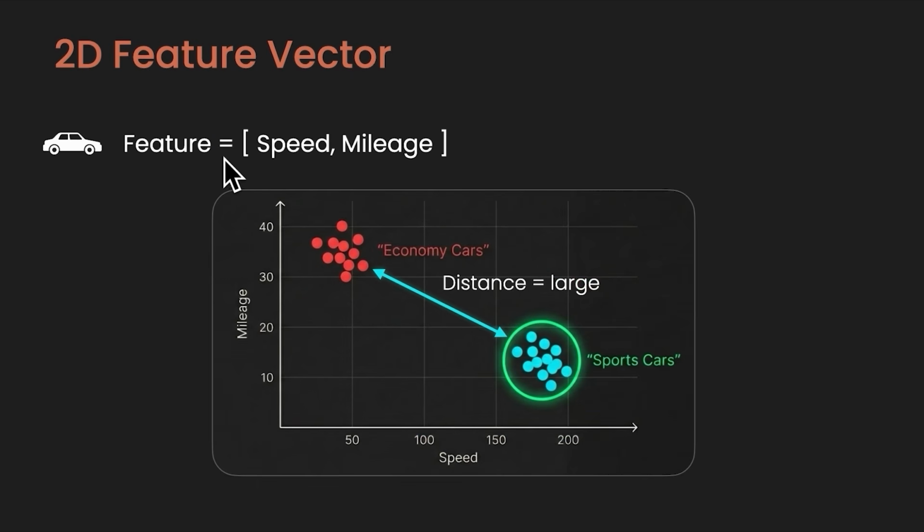Now let's add one more feature. Along with speed, we now consider, let's say, mileage. So this is now a two-dimensional feature vector, and it can be plotted in a two-dimensional plane. You can notice here that cars with similar speed and mileage will cluster closer together, whereas cars with different speed will be further apart.